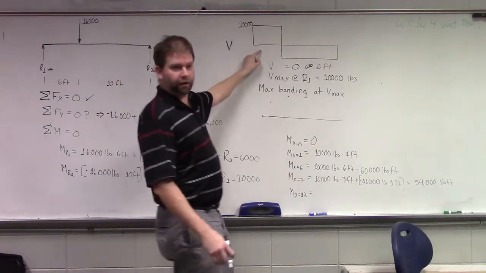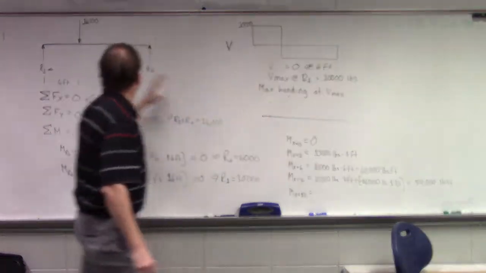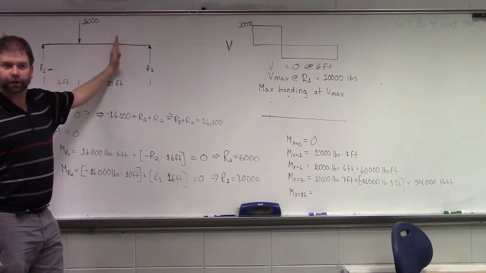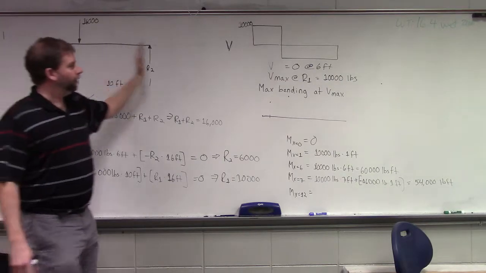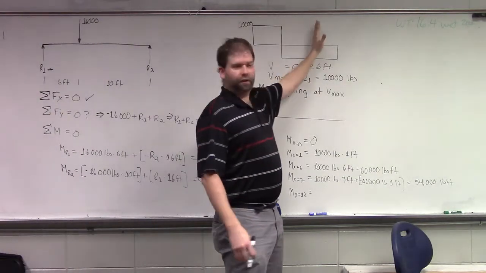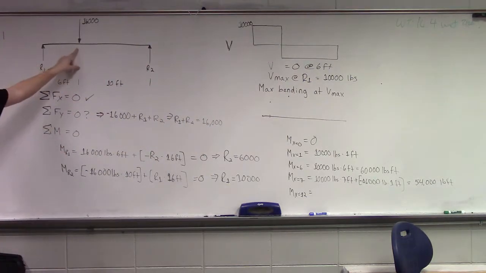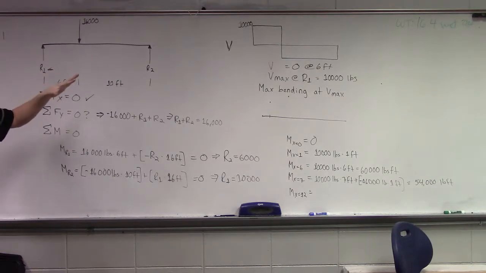If this is what you have for your beam, this is what our shear diagram is going to look like. Now, if we move this over 3 feet, what are we going to do? Just move your vertical line. And if instead of a point load we have a uniformly distributed load, what's it going to do?